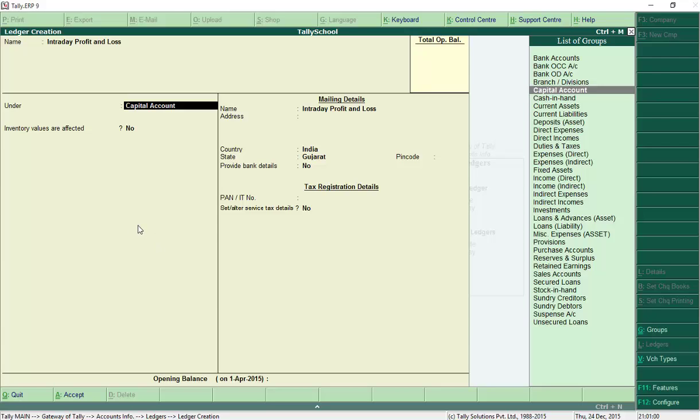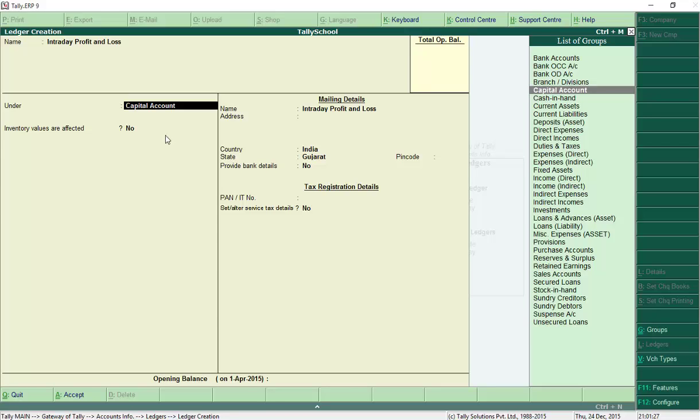And if you are a trader or speculator and you trade or speculate in stocks on a daily or regular basis, then this can be under income or expenses, because at the end of the year you do not know whether it is income or expense. So keep it under income or expense, whatever you like, and at the end of the year just see the position of this account, whether it is profit or loss.